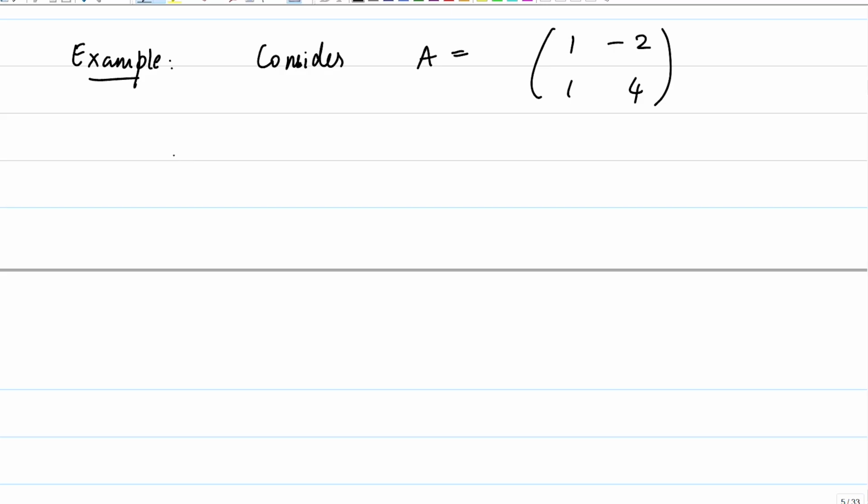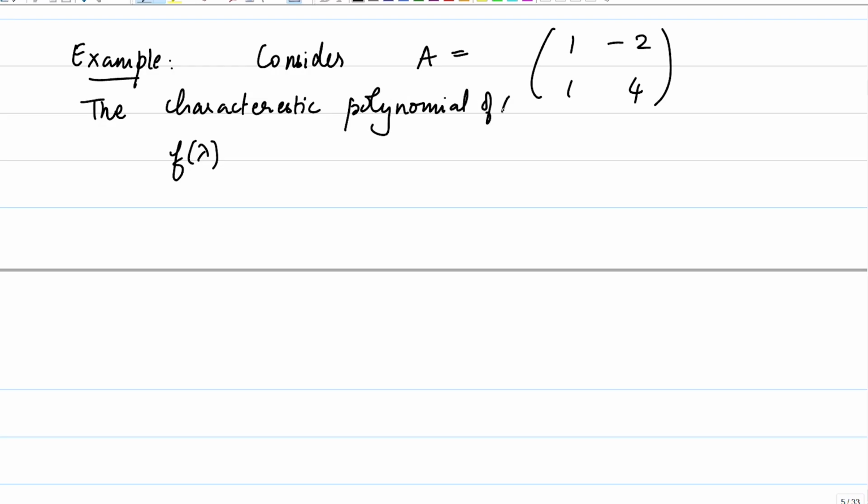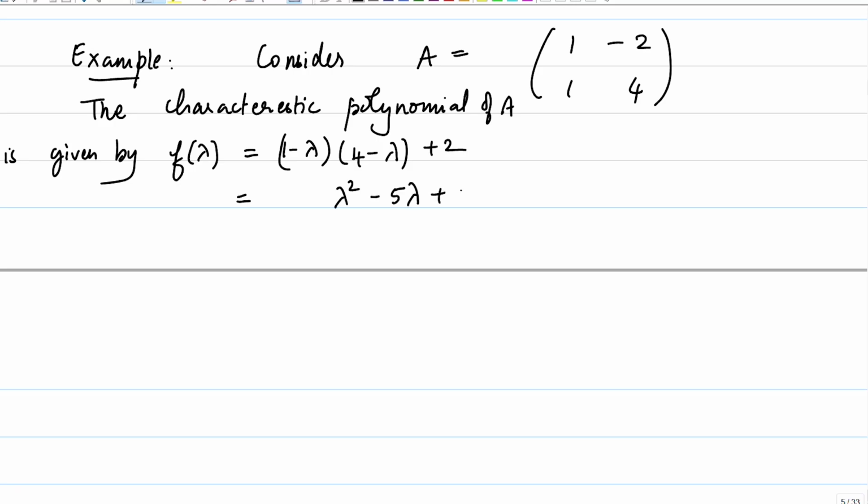The characteristic polynomial of A is given by lambda 1 minus lambda into 1 4 minus lambda plus 2, which is equal to lambda square minus 5 lambda plus 6, which is equal to (lambda minus 2) into (lambda minus 3).